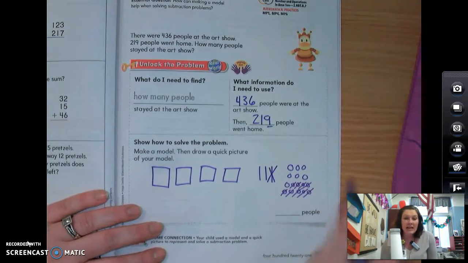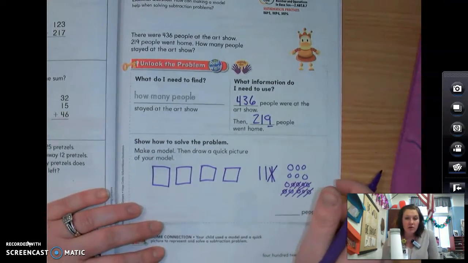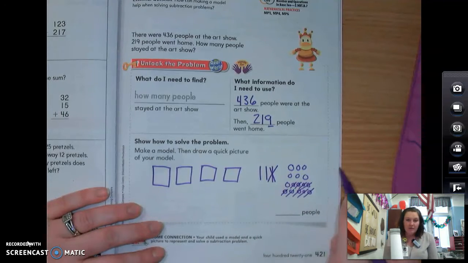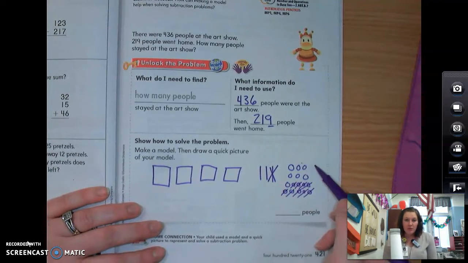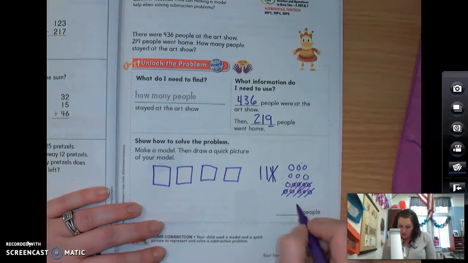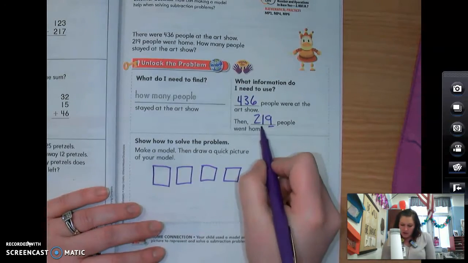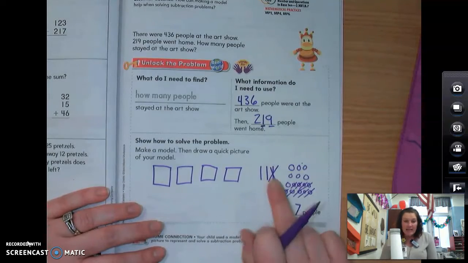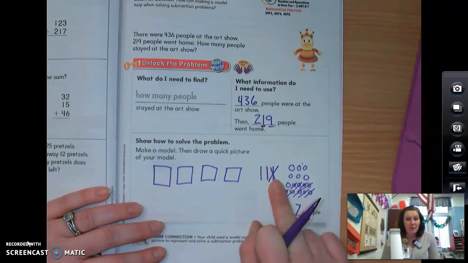If you need to pause at any time, if I'm going too fast, to get your picture caught up, you can do that. Okay, so now how many ones do I have? 1, 2, 3, 4, 5, 6, 7. Okay, 7 ones. But then in 219 there's a 10, so I still need to subtract this. This 10 right here doesn't count as subtracted. It was regrouped.